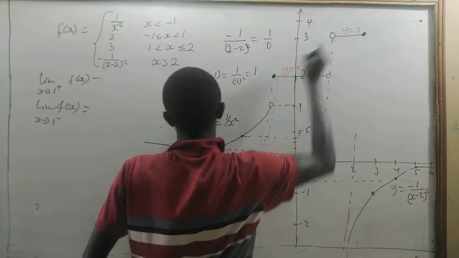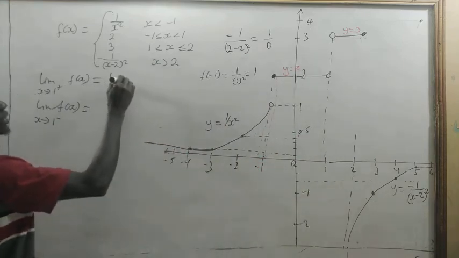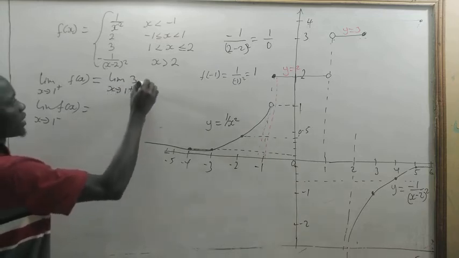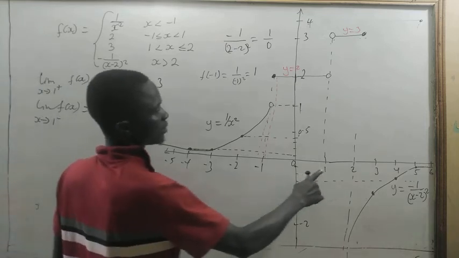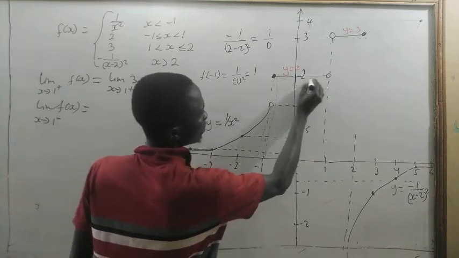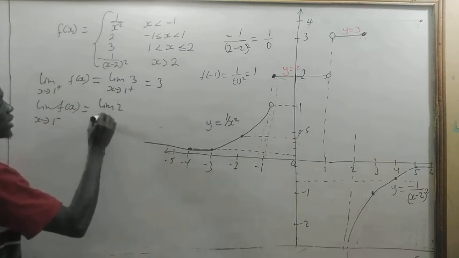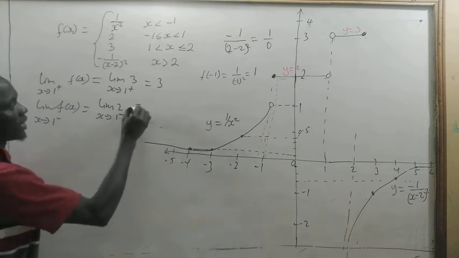So we take this to be equal to the limit of 3 as x approaches 1 from the right, and it's a 3. But from the left, this one is coming. So it is the limit of 2 as x approaches +1 from the left, and that is 2.